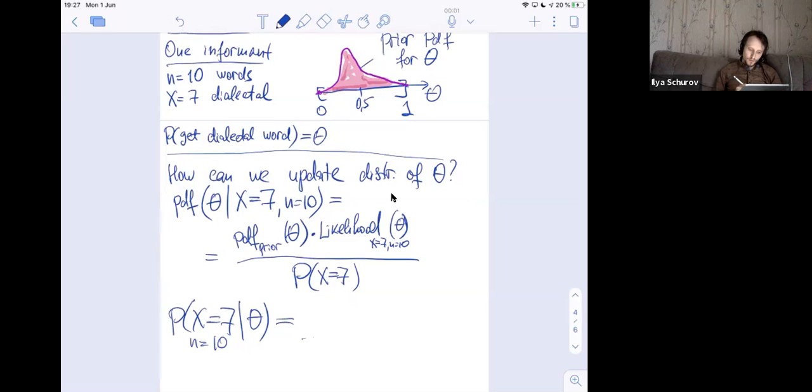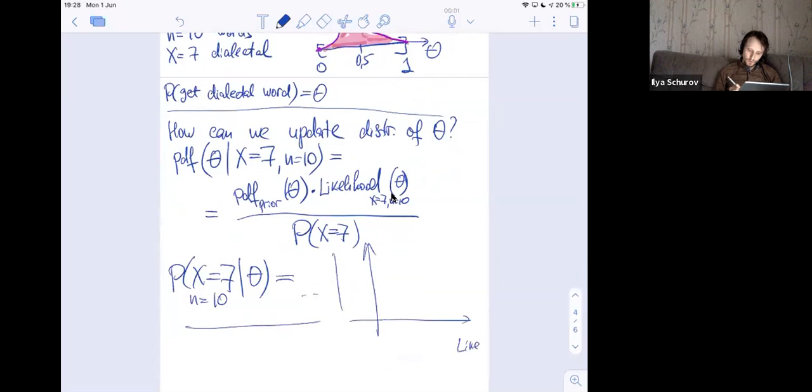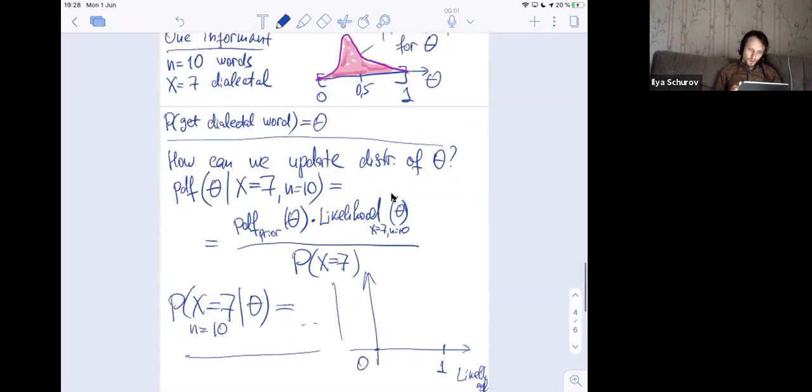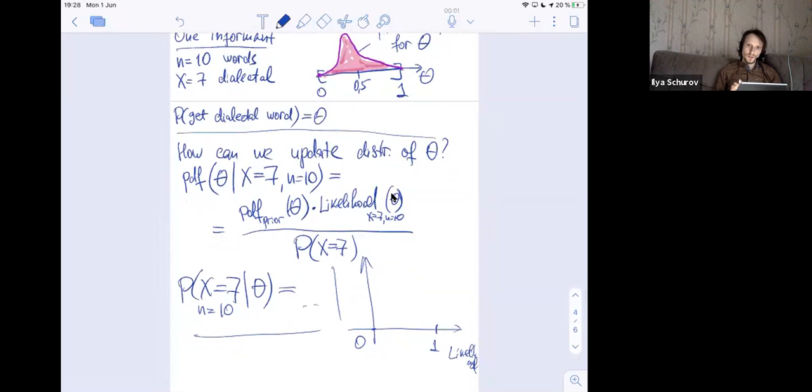Do you remember the formula? Okay, we will recall the formula later, but now let me just draw the corresponding graph. So I have likelihood. Theta times 0.7. No, this is incorrect. Okay, let me ask a different question. What can you say about the value of theta that provides the maximum for this function?